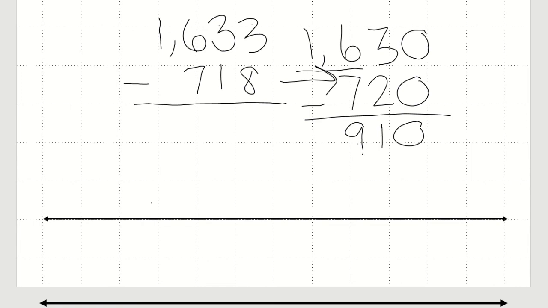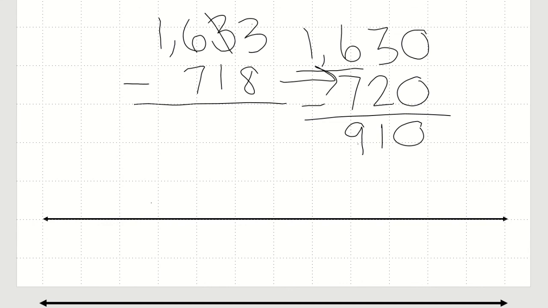And now we can go over here and see. Now you can see there's more than one regrouping I'm going to have to do here. So this one's going to be not one that I can solve in my head easily, whereas here this is one that I could work out without having to write down and do a bunch of regrouping on paper. So now we want to know the exact answer. So I can't take 8 from 3. So I'm going to go over to the tens place.